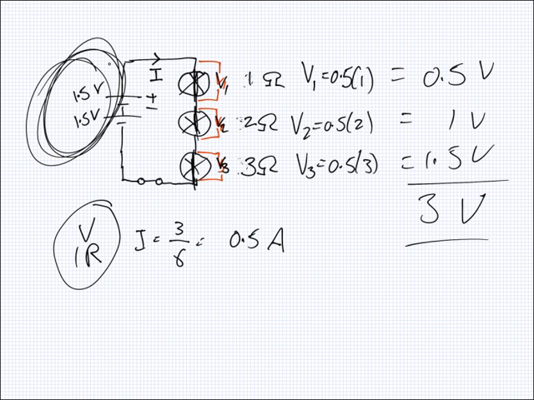Remember, what is 1 volt? 1 volt is 1 joule per coulomb. So if this guy is providing 3 joules per coulomb, then these guys must be using those 3 joules per coulomb in making light. Does that make sense?